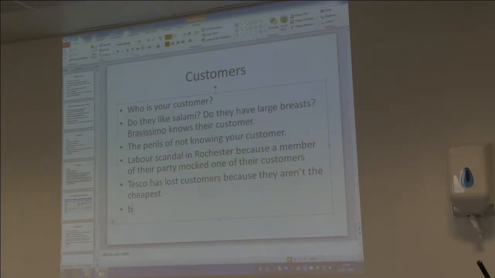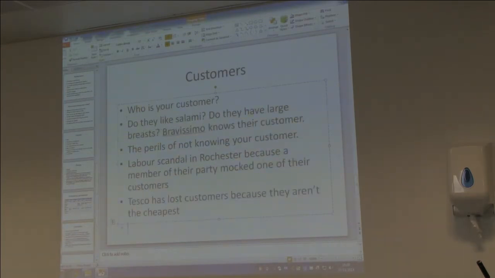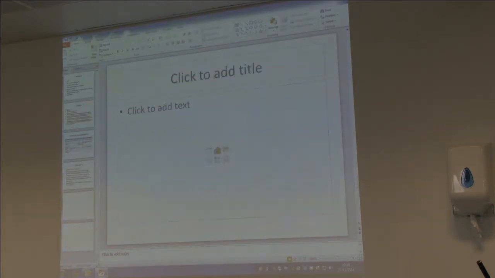Okay. So let's just go one more. I think you've got a really good point. So we've got Tesco. They did occupy the middle ground in supermarkets.